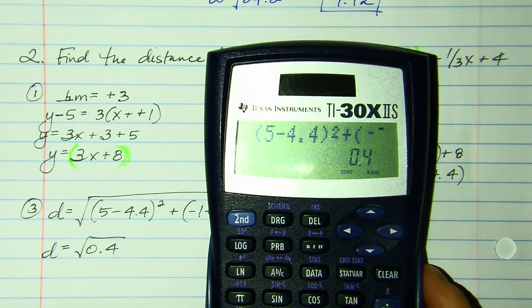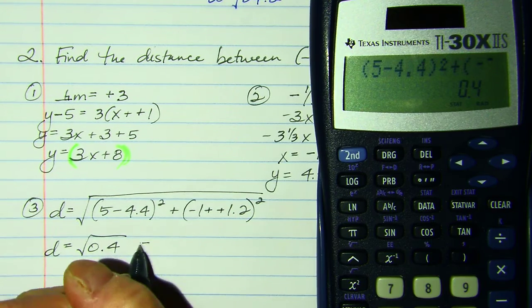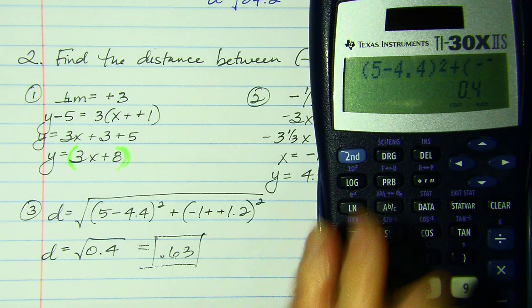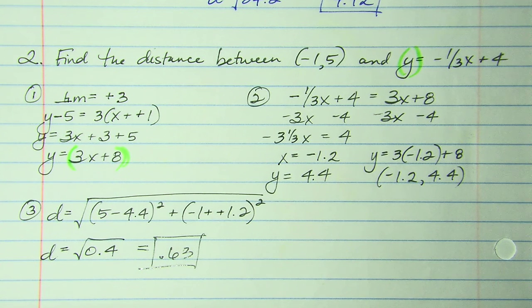And I got 0.4. I take the square root, and I got the distance is 0.63. Okay, so hopefully the steps helped you. Those are the same steps you will use for those types of problems.